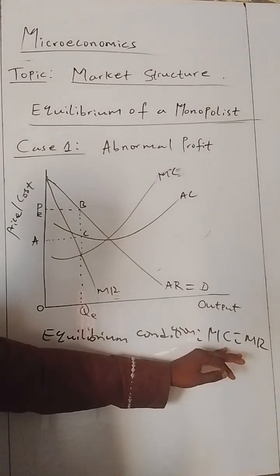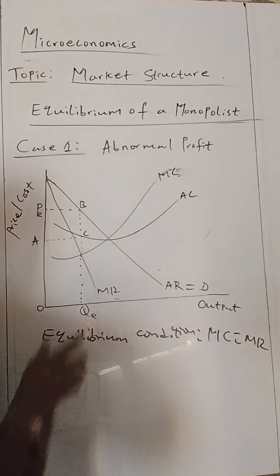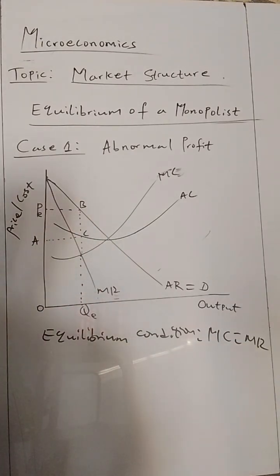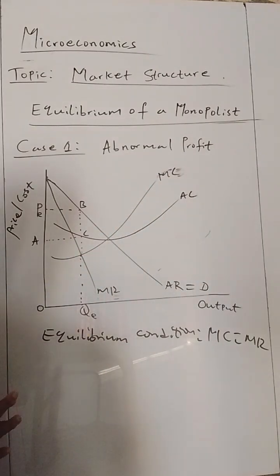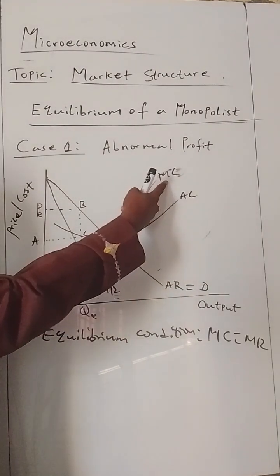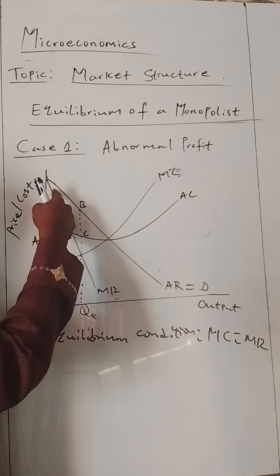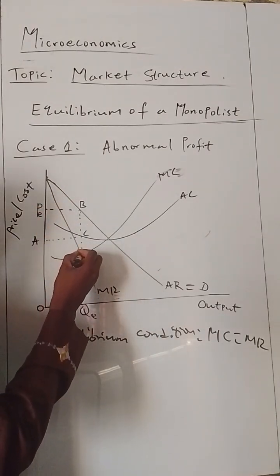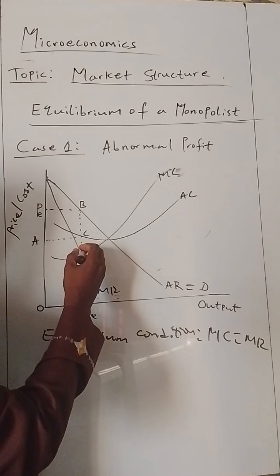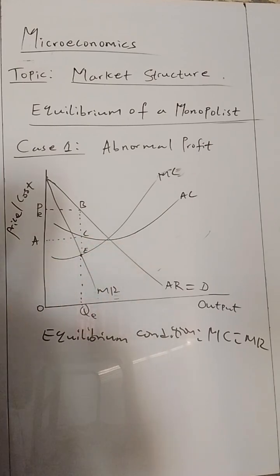Once we remember MC equals MR, we go to the diagram and try to locate where the MC curve and MR curve intersect. This is the MC curve here, and this is the MR curve. They intersect at this point. That means this point represents our equilibrium point.